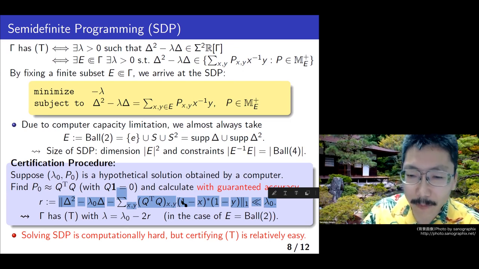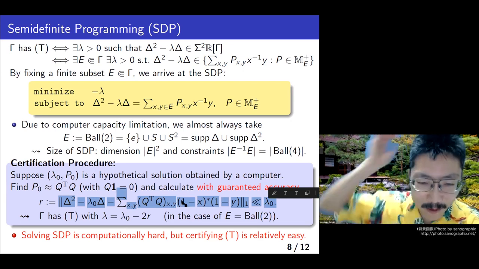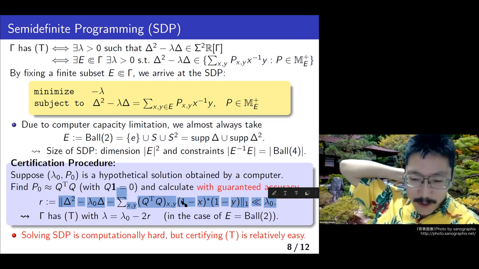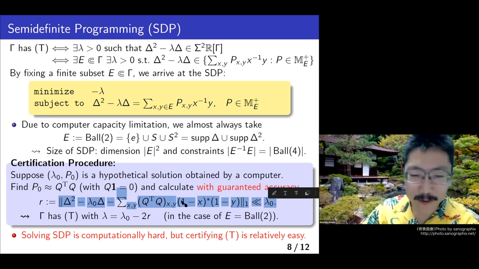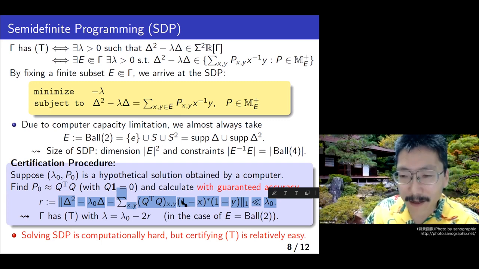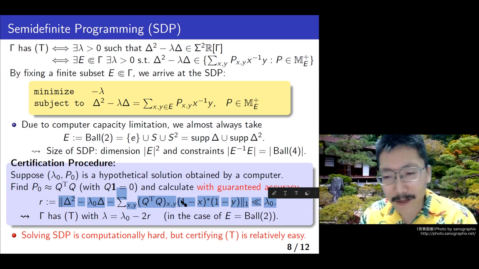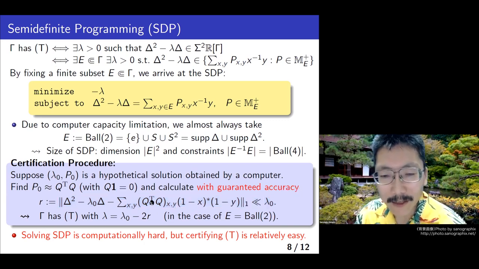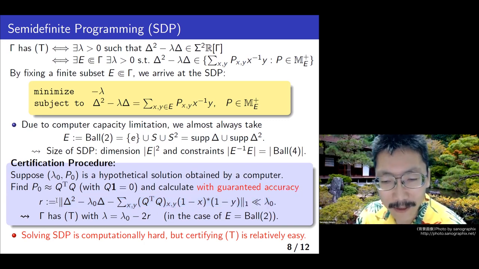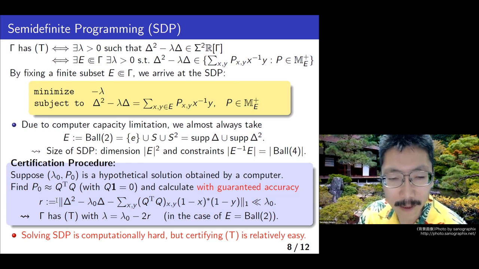To solve SDP, we use a supercomputer, but it's not that super. It's an old supercomputer. So anyway, it required machine power way more than we have on my desktop computer, but to check it, it's easy. Everybody can do it.